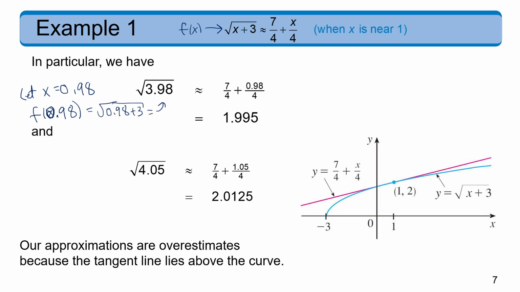So the important thing we had to realize here is that this value we were asked to compute, the square root of 3.98, can be related to the function f. And then you had to figure out what x value you need to plug into f to arrive at this expression here. So we determined that x value is 0.98.